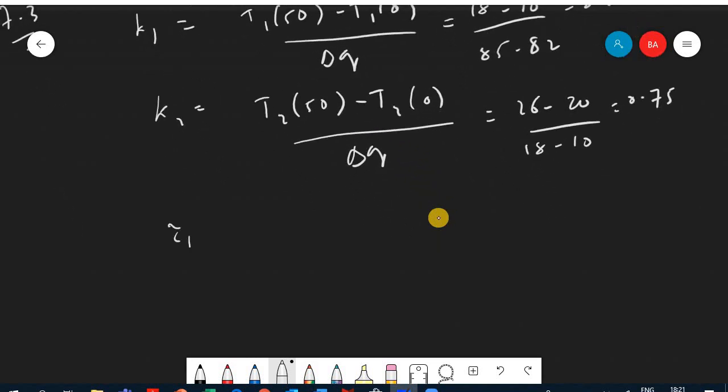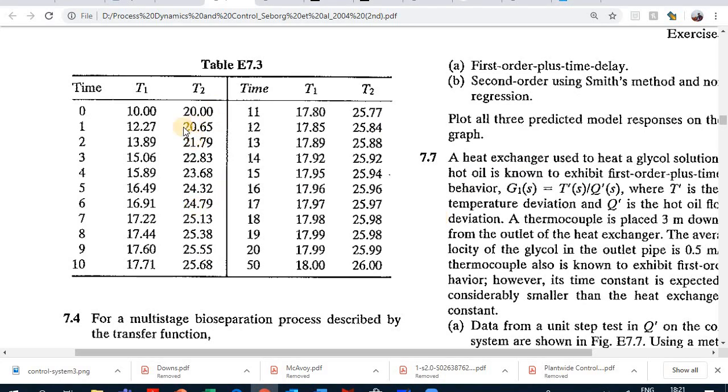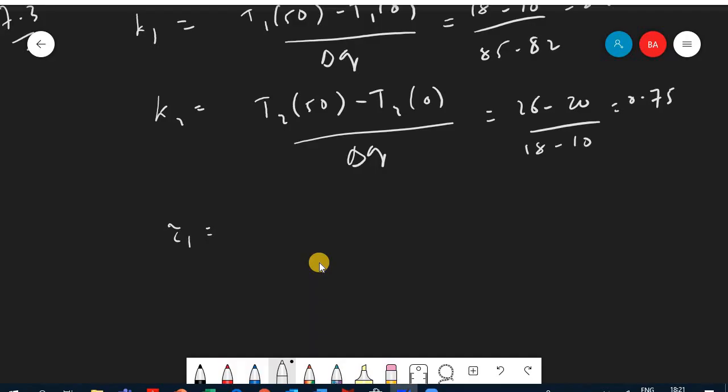Now for tau 1 and tau 2, as we said, we may use the 63.2%, or the initial slope. The 63.2% is good. So for the 63.2%, what should we do?